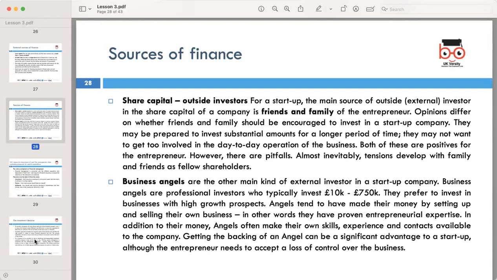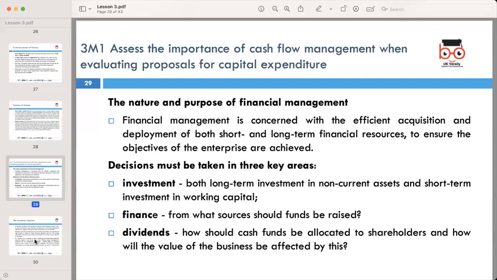It involves decision making in three key areas, which are investment, finance, and dividends. So the nature of financial management is concerned with an efficient acquisition and deployment of both short and long-term financial resources to ensure the objectives of the enterprise are achieved.